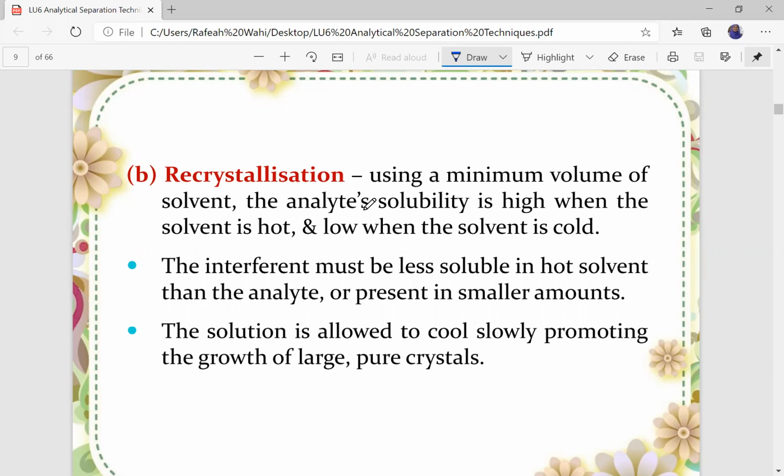So the interferent must be less soluble in hot solvent than the analyte or present in smaller amounts in order for recrystallization to happen efficiently. The solution is allowed to cool slowly, promoting the growth of large, pure crystals.